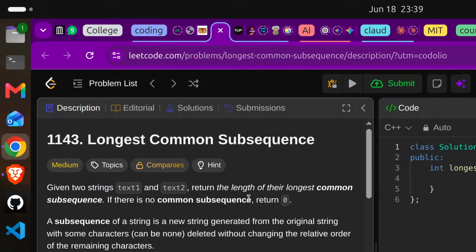And i and j we have to take, right? i is for text1 and j is for text2. And in this case, i will move forward and j will also move forward.